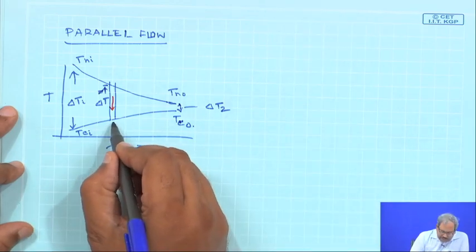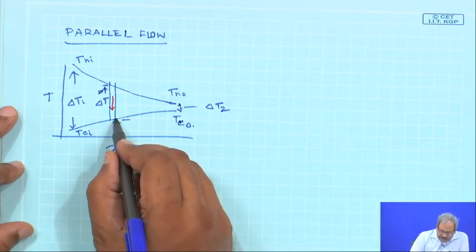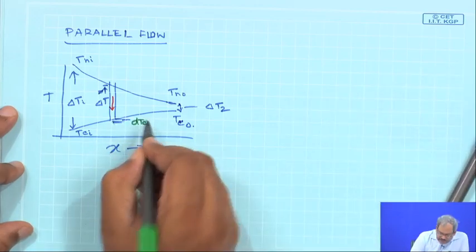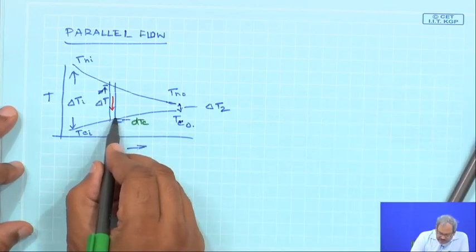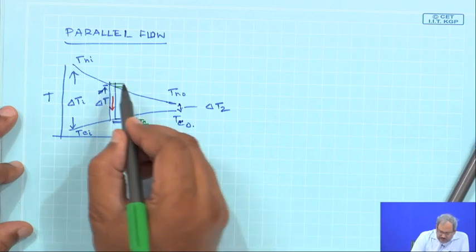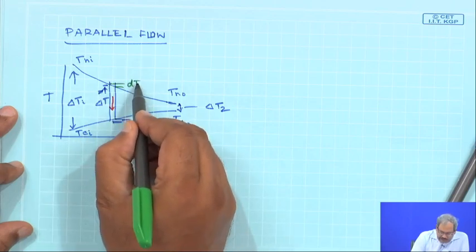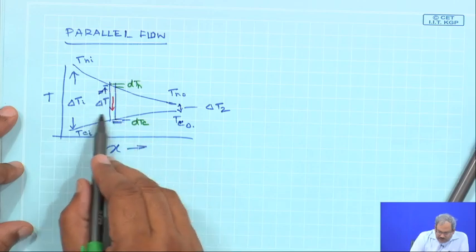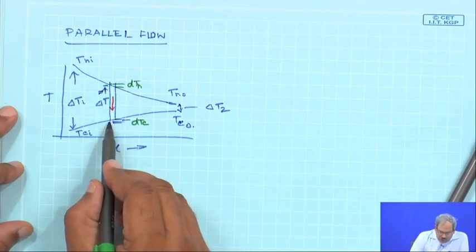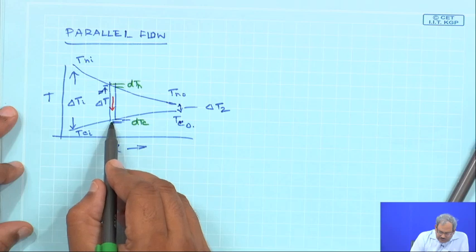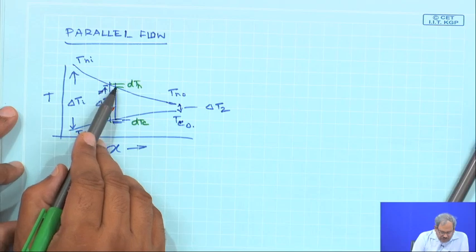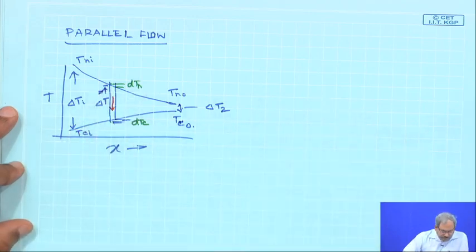This is dTc, the change in temperature of the cold fluid, and this is dTh, the change in temperature of the hot fluid as we move in this direction. So, over this infinitesimal length, the temperature of the cold fluid increases and the temperature of the hot fluid decreases.